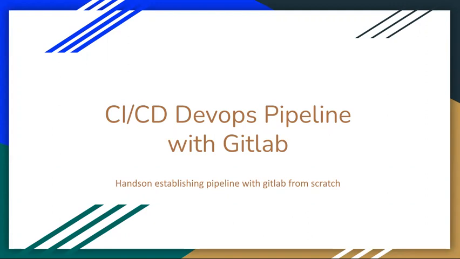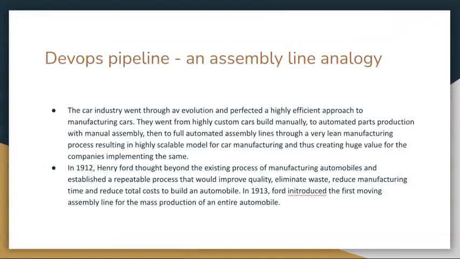So that being the agenda, let's start with the DevOps pipeline and understand how they relate to assembly lines. All right, let's see it from a DevOps pipeline and assembly line point of view.